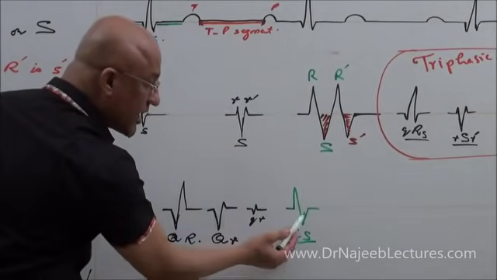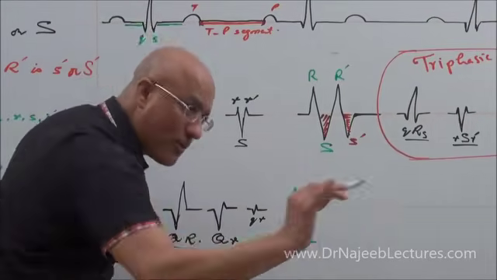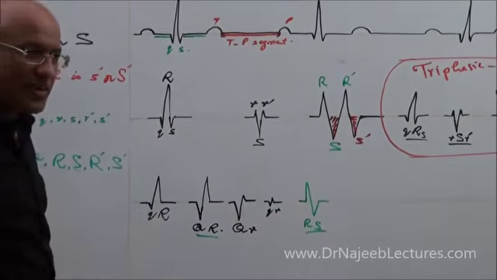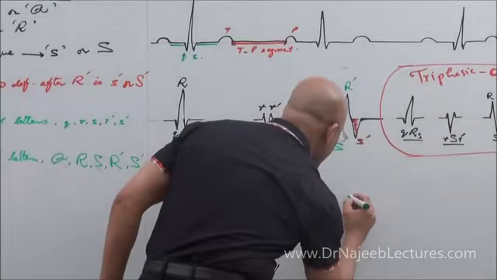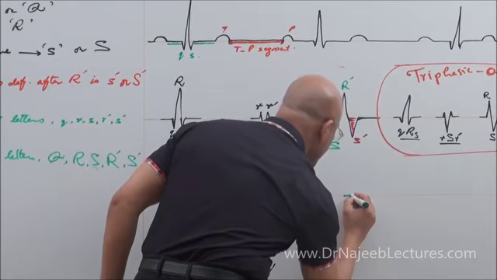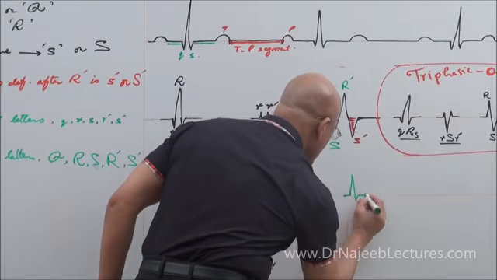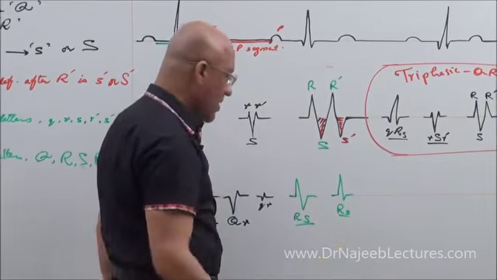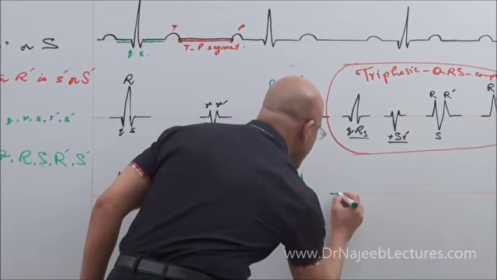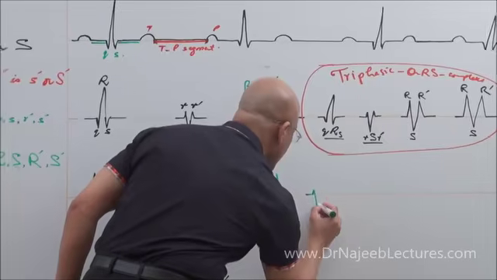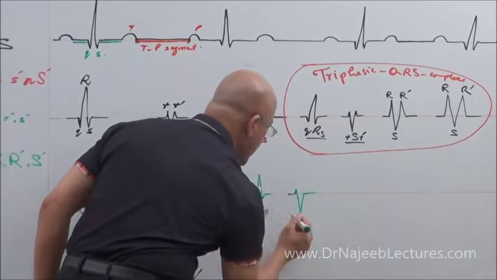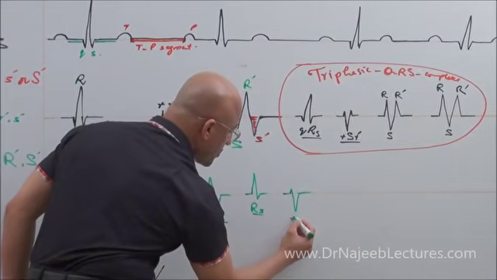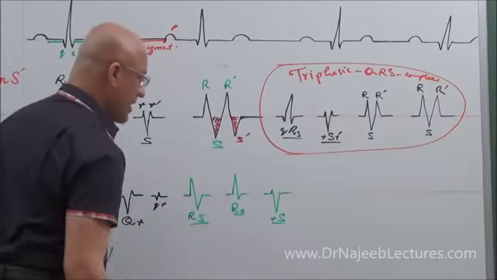And in RS, the negative deflection is after the first positive. Right? Then we make another arrangement. What is this? R small s. And if we make another arrangement, what is it? Small r and capital S.